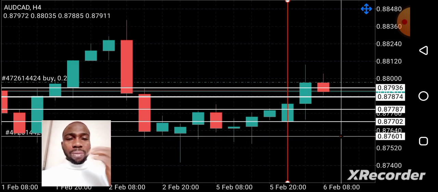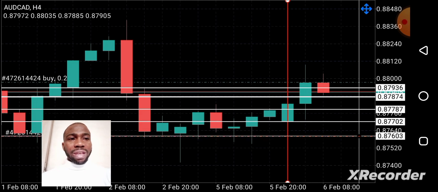That tells me that supply is increasing, so I should exit the trade. That's why my stop loss is at this level. Anything that makes price drop to that level, then there's a high probability that price will keep going down. So I don't want to hold on to my buy trade when the trade is already going in the opposite direction. I have to exit and take that small loss.